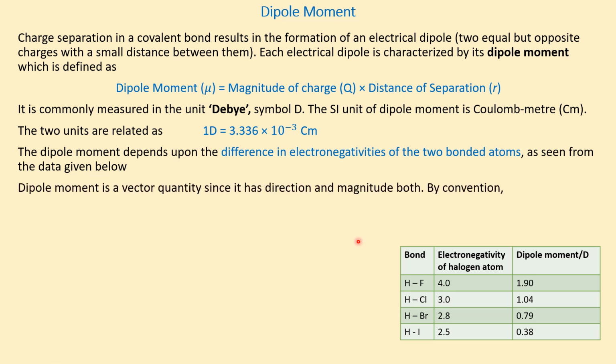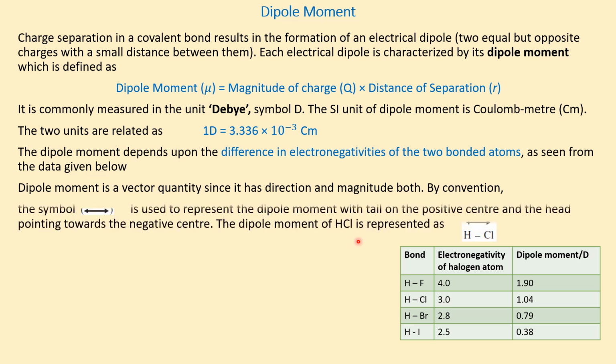Dipole moment is a vector quantity since it has both direction and magnitude. By convention, the symbol shown on the screen is used to represent the dipole moment. Here, the tail is on the positive center and the head points towards the negative center.